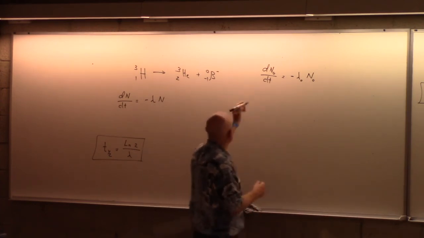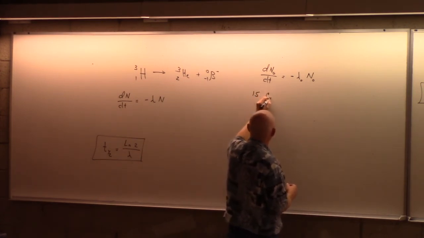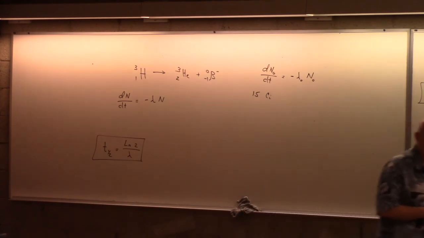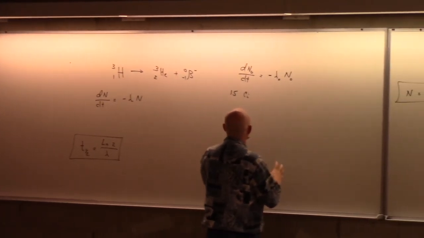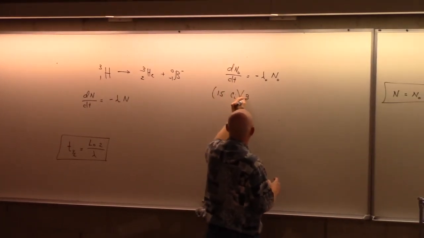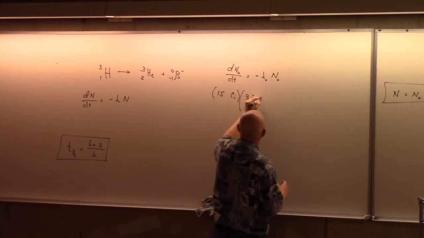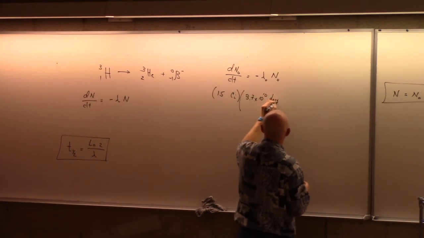So what did they say? 15. And I think it was pretty big. It wasn't millicuries, was it? It was curies. Yeah, 15 curies. Now, remember that a curie is 3.7 times 10 to the 10th decays per second.